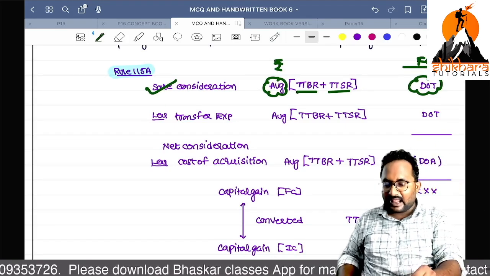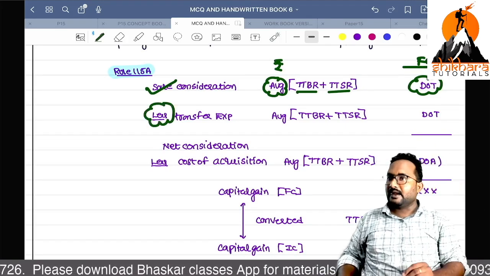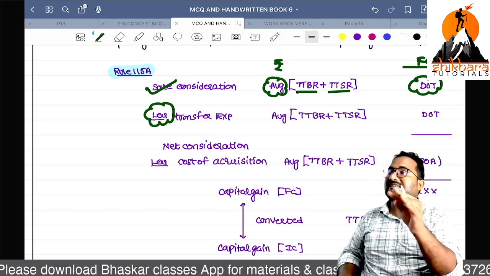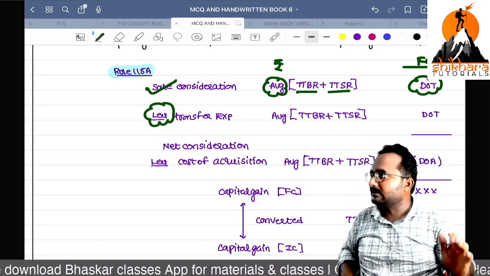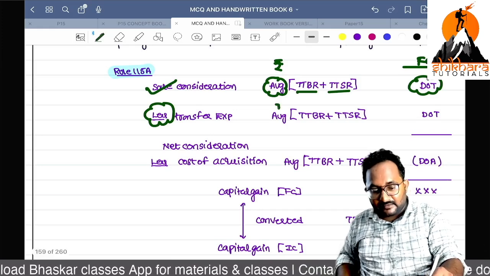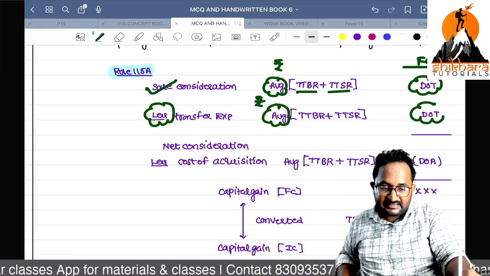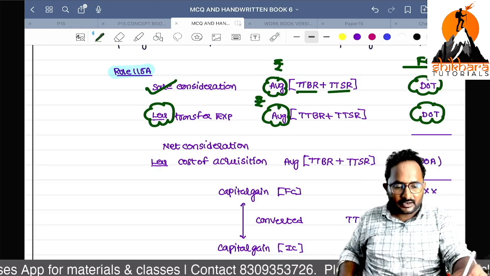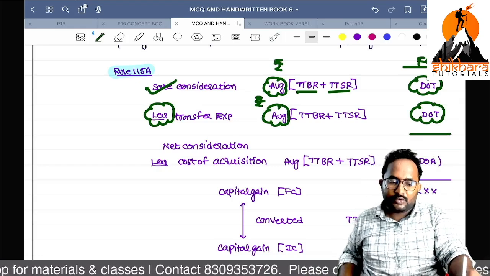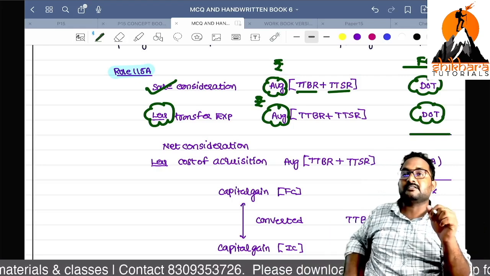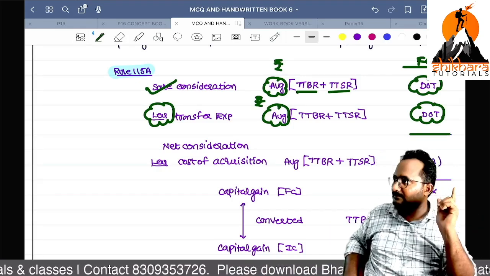Transfer expenses, if they are given, those are also expenses in India. How are we going to pay? Rupees only. But convert those rupees into foreign currency by using the average of the telegraphic transfer buying rate and selling rate on the date of transfer. If you reduce the transfer expenses, you will get what? Net consideration.